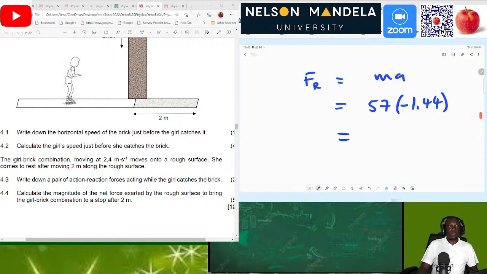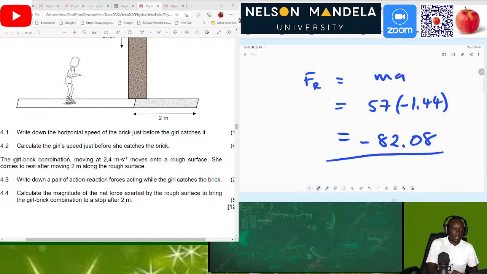So this is 57 times 1.44, 82.08. So this gives us negative 82.08 newtons. It means the frictional force is in the opposite direction to the motion of the girl and the brake. Or in other words, the frictional force is in the same direction as the acceleration.